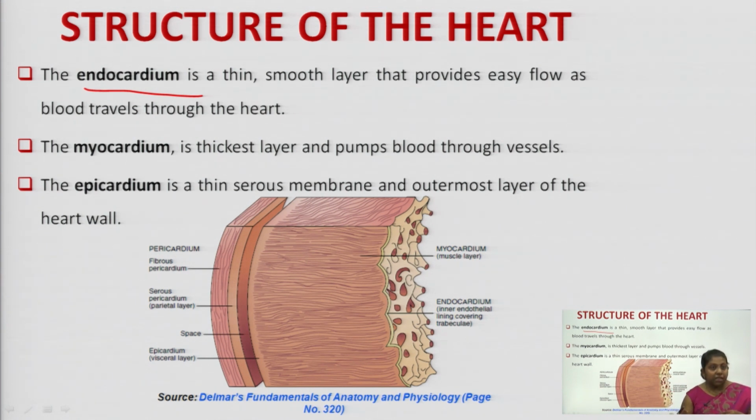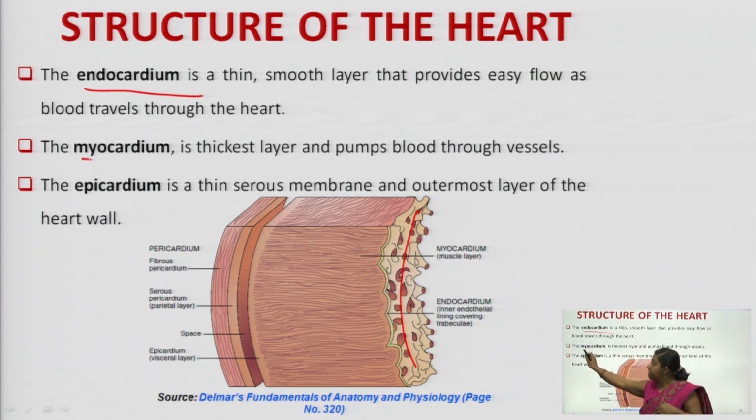Endo means inner and cardium is the layer. So, this is the innermost layer, that is the endocardium. This endocardium is a thin, smooth layer and this provides an easy flow of blood so that it can travel easily throughout the heart without any obstruction.